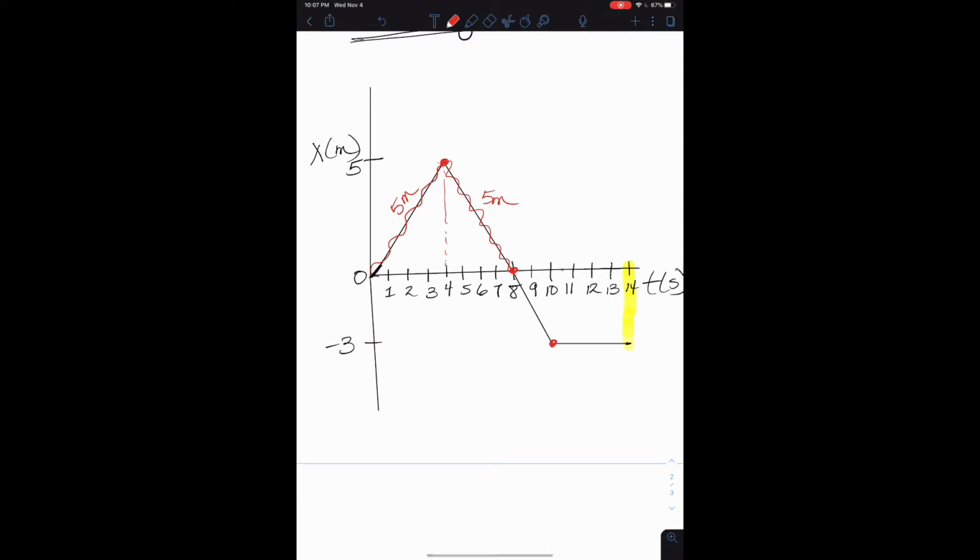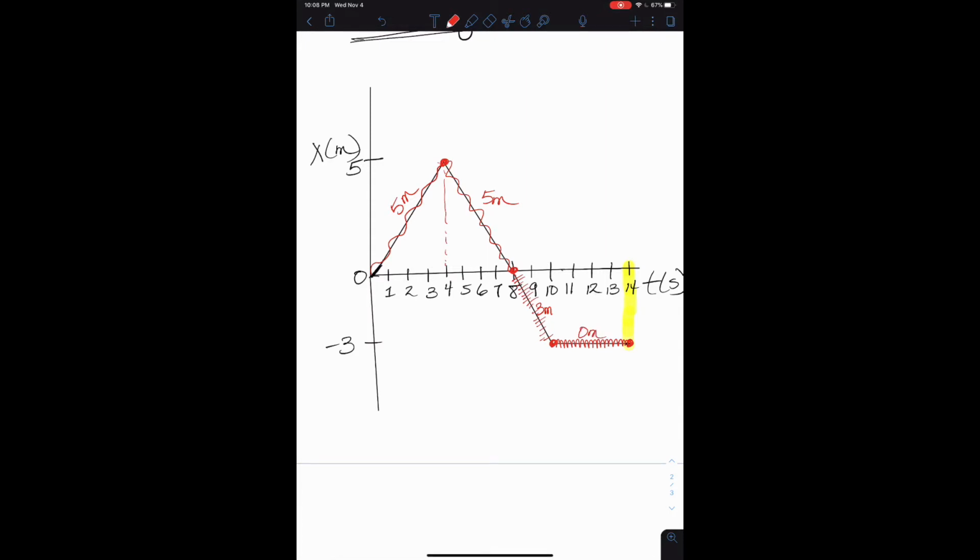It was at 0 at 8 seconds, and now it's at -3, so it moved 3 meters. Then from 10 seconds to 14 seconds, it just held position. It didn't go anywhere. Sure, time passed, but it didn't go anywhere. So this is a distance of 0 meters.